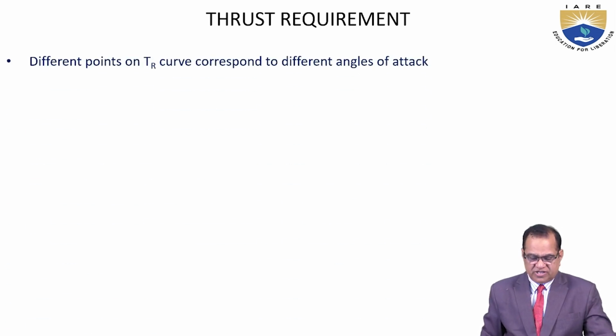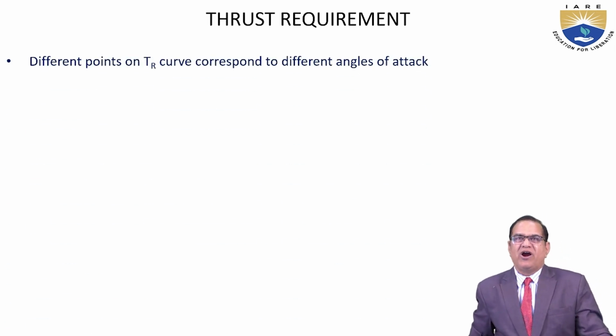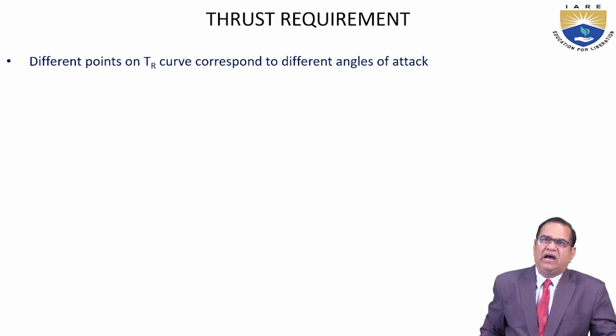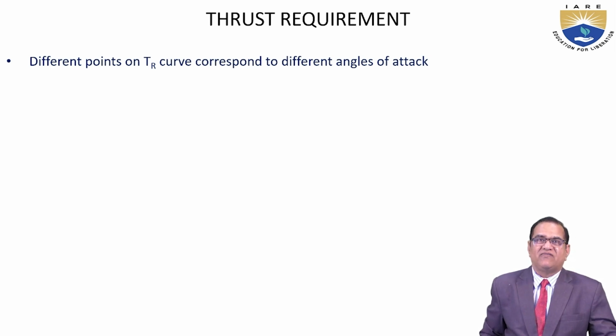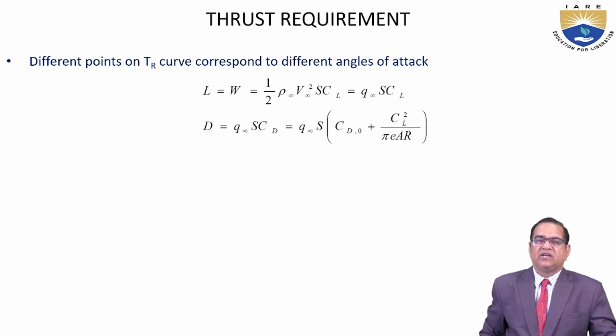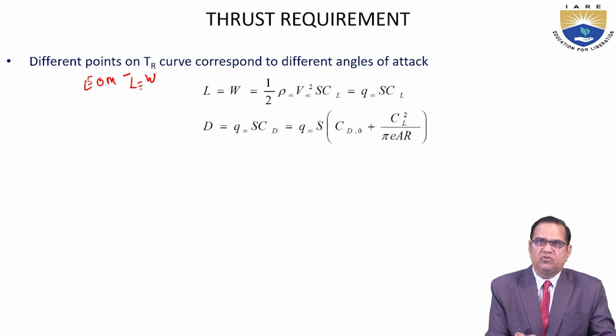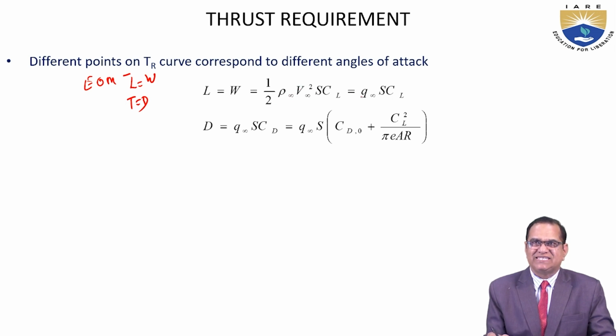Now, thrust requirement. Different points on the TR curve correspond to different angles of attack. You know that L is equal to W from the equations of motion. So L is equal to W, T is equal to drag. Half rho infinity V infinity square S CL, we can write as Q infinity S CL, where Q is the dynamic pressure.